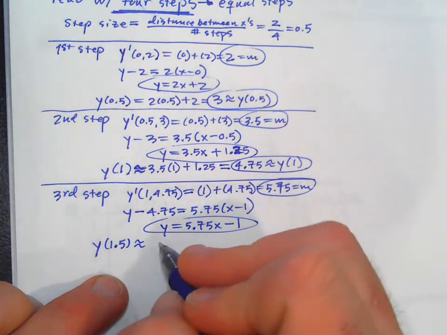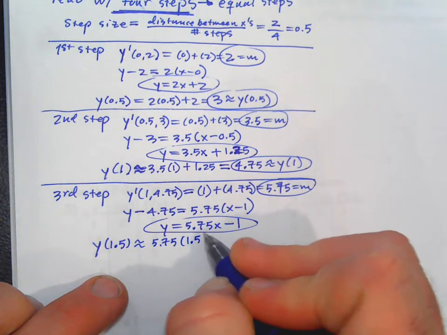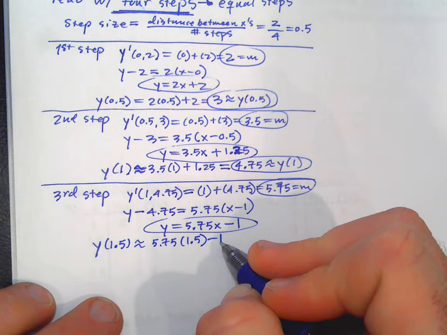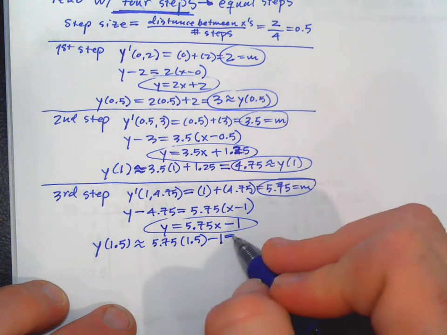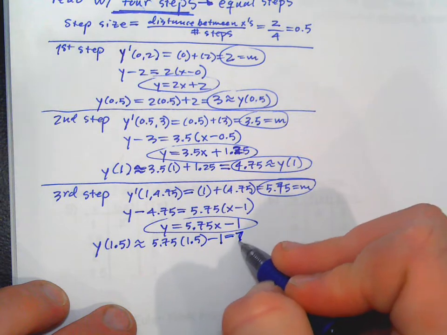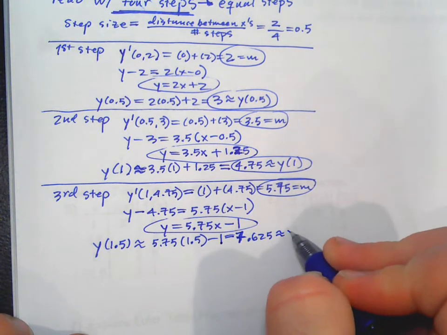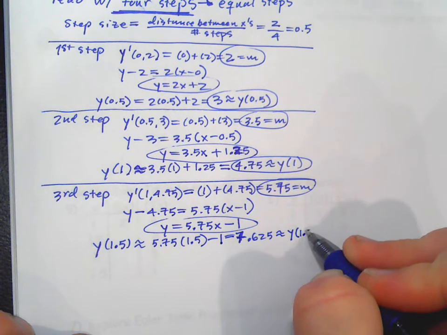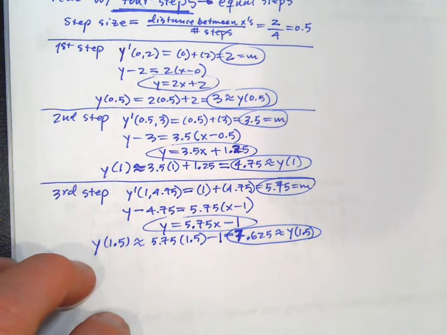So we're going to use this 5.75 times 1.5 minus 1 is, I'm just going to write, it's 7.625. One of the things about this is if we start getting decimals, they're kind of messy. Usually it'll probably work out nicer than this, but it's just a simple example.